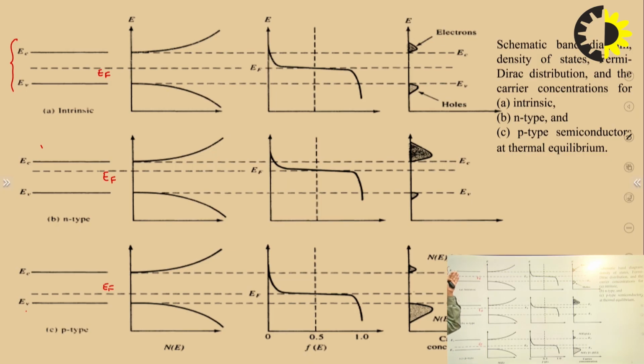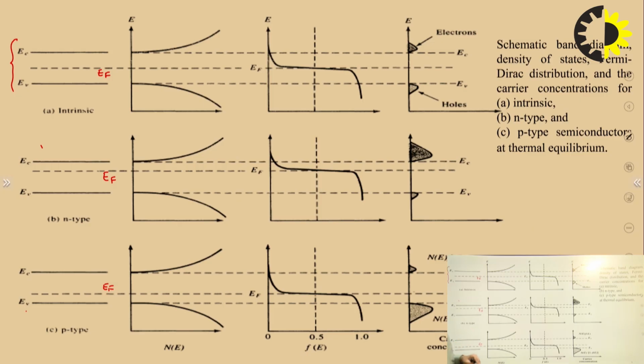So this is the ideal nature of the energy levels of intrinsic, N-type, and P-type semiconductors. And if you draw the Fermi-Dirac distribution of all these materials, then you will have these kinds of distribution functions, as I discussed in the last slides.